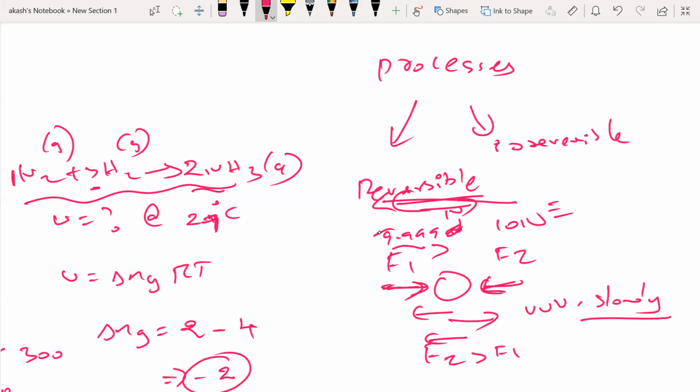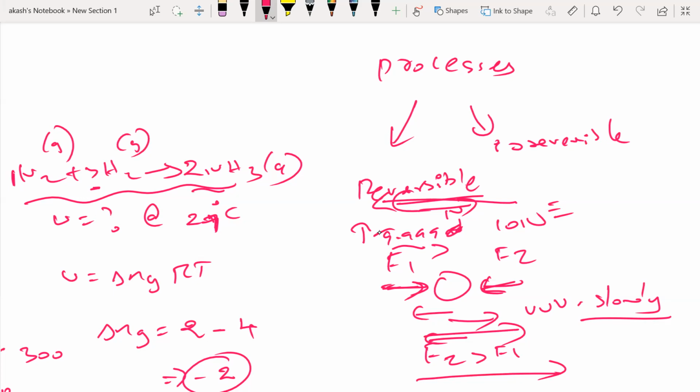This particular ball will try to move very slowly towards the right hand side. And it is very easy for us to reverse this process, in the sense that I will be able to make the ball move this side if a little more force is given.